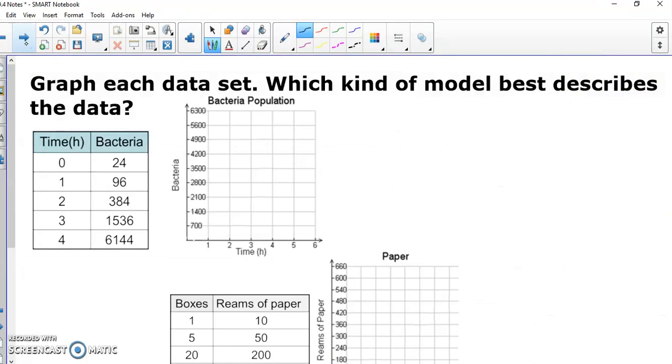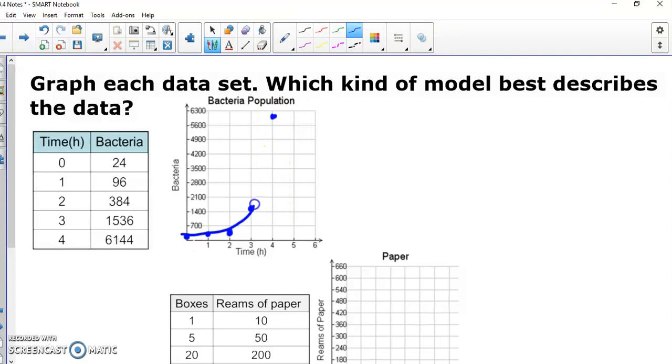All right, so here we're going to do the same thing, only we have to do the work of graphing each set of data. So I'm going to go ahead and graph these. I've got 0, 24, way down here, 1, 96, 2, 384, 3, 1536, and then 4, 6144.